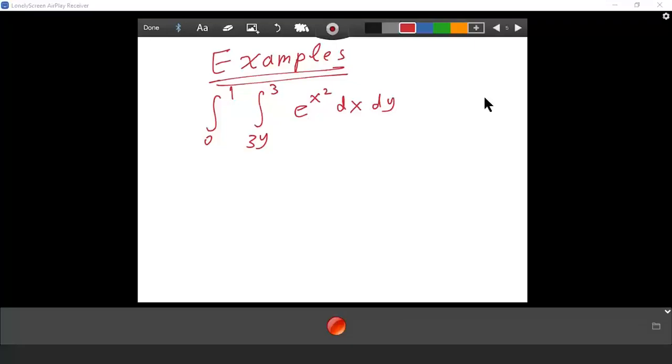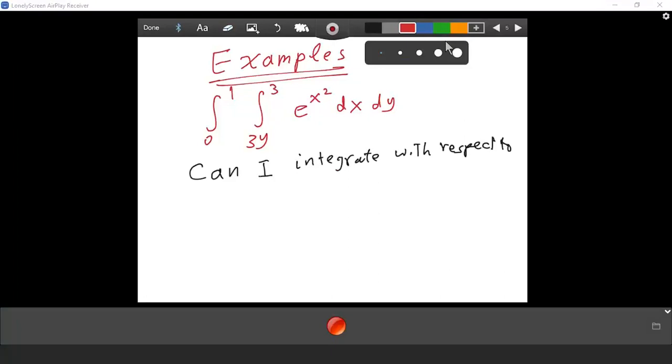Can you tell me, can we integrate straightforwardly with respect to x? Any one of you? I ask myself before I start, and I integrate with respect to x because x is first, right?